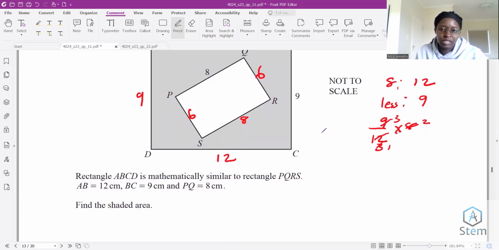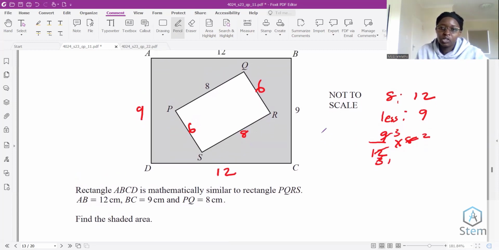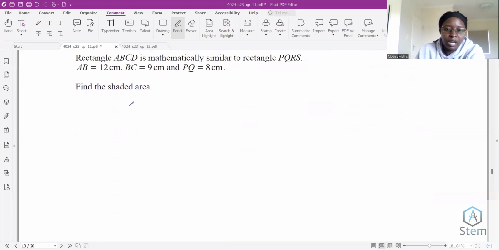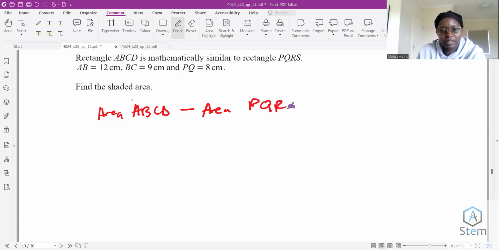Then let's see the shaded area. For the shaded area, we're going to say the bigger area of the rectangle minus the smaller that is inside, because this area is not shaded. So the shaded area is going to be equal to the big rectangle area ABCD minus area PQRS.